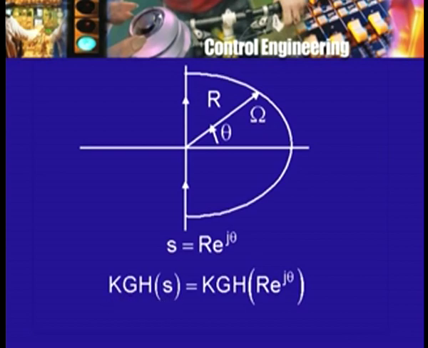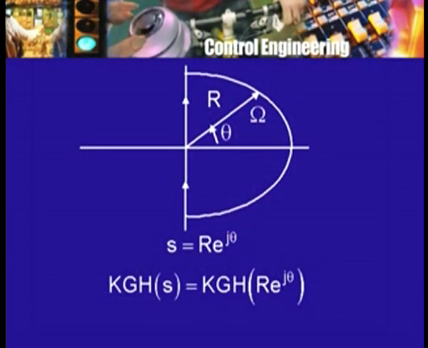For the point on the contour corresponding to that semicircle, s is r e raised to j theta. Therefore, this is going to be K GH of r e raised to j theta. Now, this is where we make use of the fact that this r is going to be a large number, and we will come to understand what is meant by large and why.